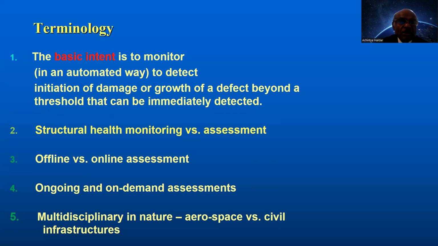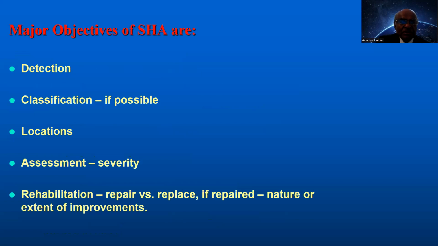Monitoring is the continuous assessment. Offline versus online, ongoing versus on demand. Ongoing could be as a part of overall maintenance strategy. It is multidisciplinary in research and has both aerospace and civil engineering applications, and we'll talk about it briefly.